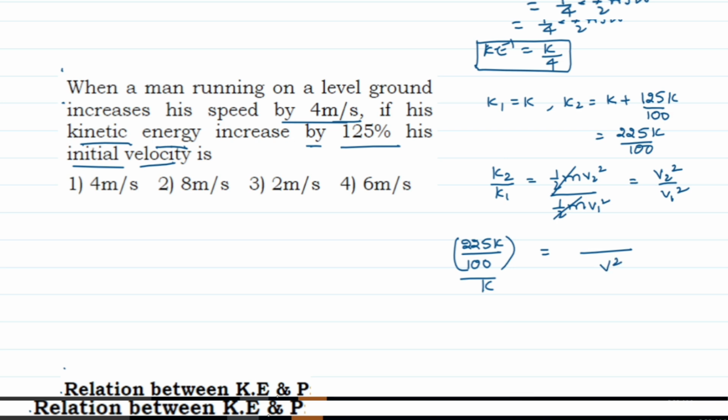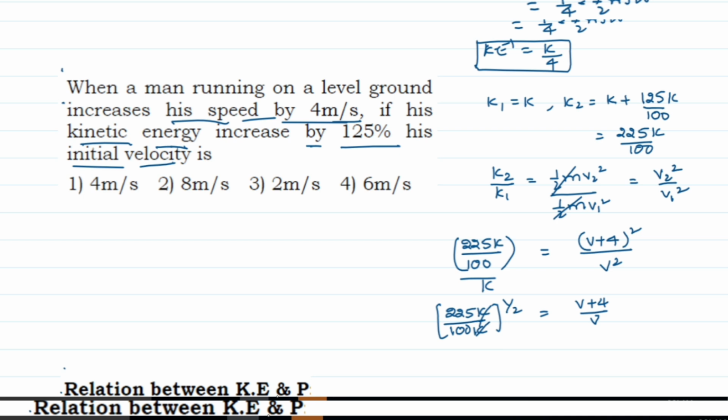And look here, the speed increases by 4 meters per second, so to the initial speed you add 4 meters per second, and the whole thing is squared. Now you get 225K by 100K, and the square comes to this side, so it becomes a root, whole power 1 by 2, which is v plus 4 by v.